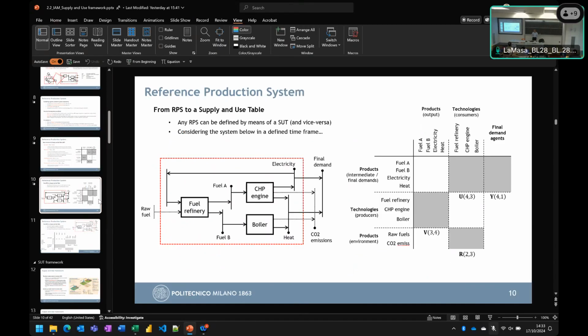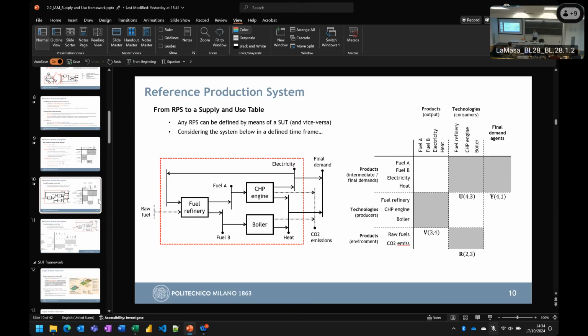But then, as you will see during the project work, out there you will find a lot of data that are already in the shape of a square input-output table, so technology by technology or product by product table, because these are easier to handle.